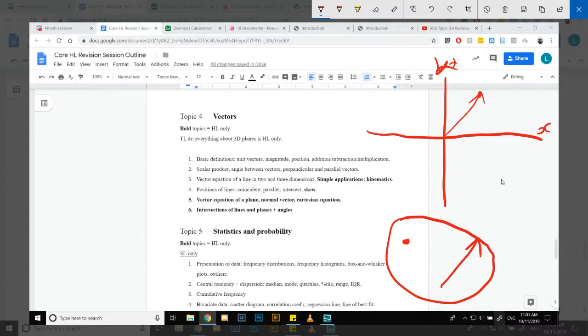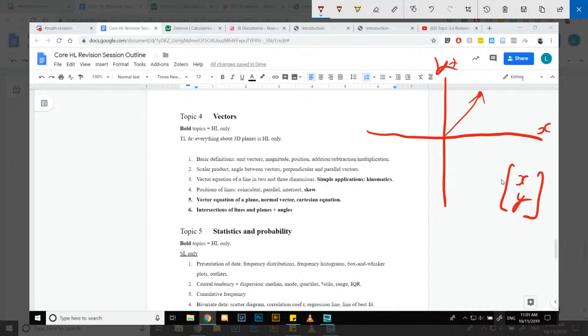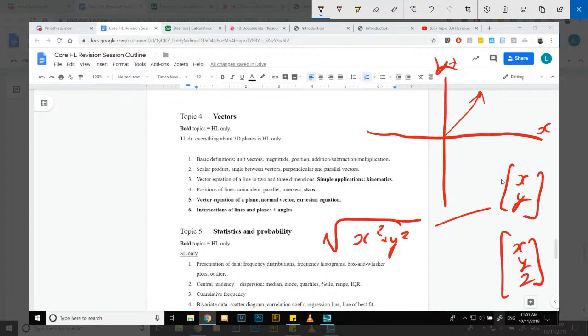So the first thing is obviously the magnitude of the vector, which is the length of the vector over here. And if you have some vector x, y, the length of that vector is the square root of x squared plus y squared. That's the Pythagorean theorem. And if you extend that to a 3-dimensional vector x, y, z, the same formula holds.